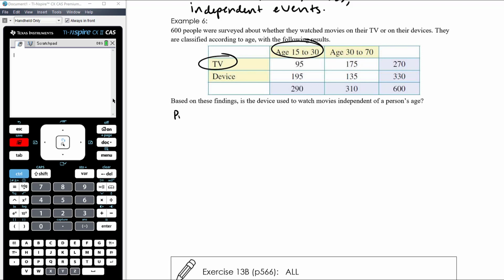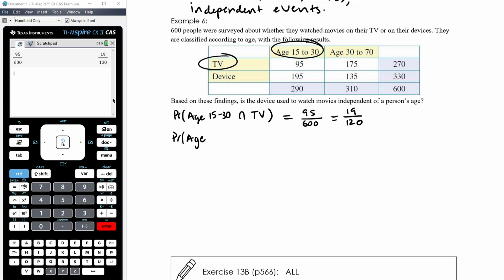Okay, so let's have a think. The probability that someone is aged 15 to 30 and watches on their TV is going to be 95 people out of 600 people. 95 on 600. 5 is a common factor, so 19 on 120. Probability that someone's age is 15 to 30: that's 290 people out of the 600.